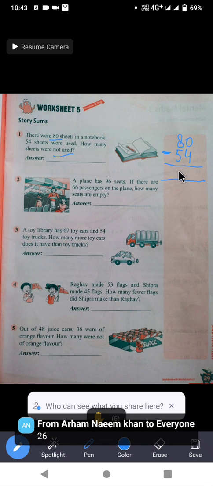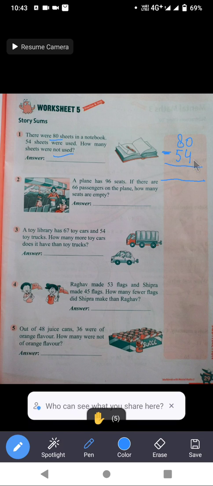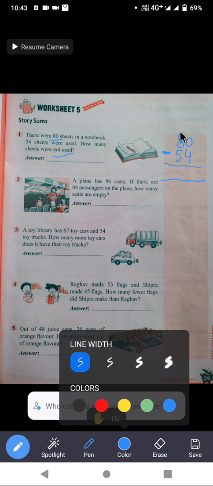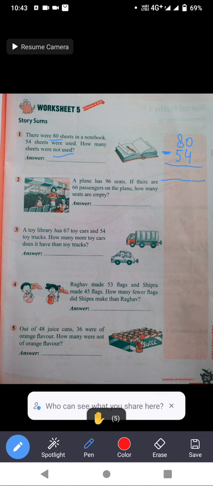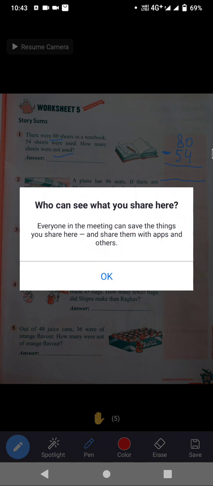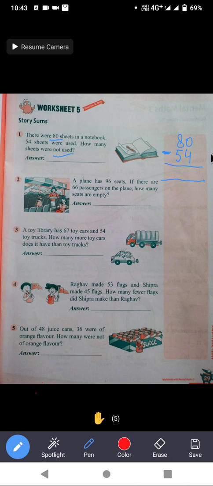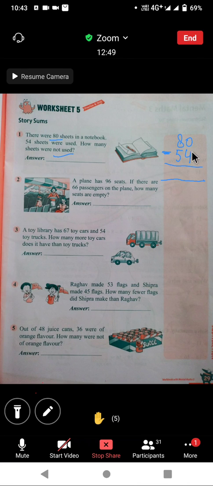Okay, so here at the ones place we have 0 and 4. We have to subtract 4 from 0. So we can't subtract 4 from 0 because 4 is greater than 0. So what we need to do here, we have to regroup it.